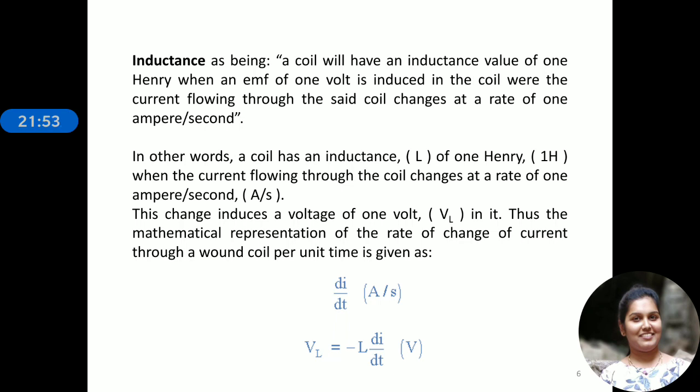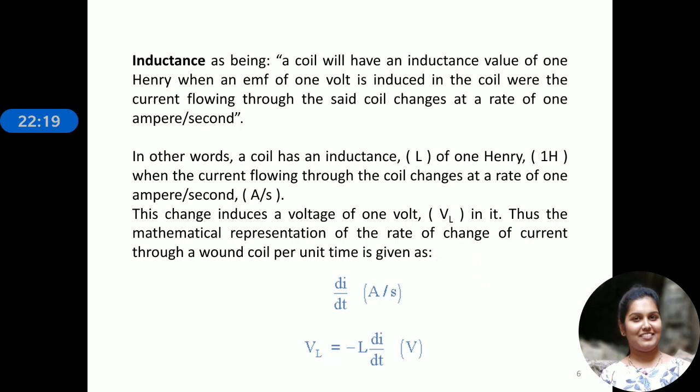Then the voltage induced in the coil with an inductance of L henries as a result of this change in the current can be expressed as VL is equal to minus L di by dt volts. So here we are seeing a negative sign in this expression.